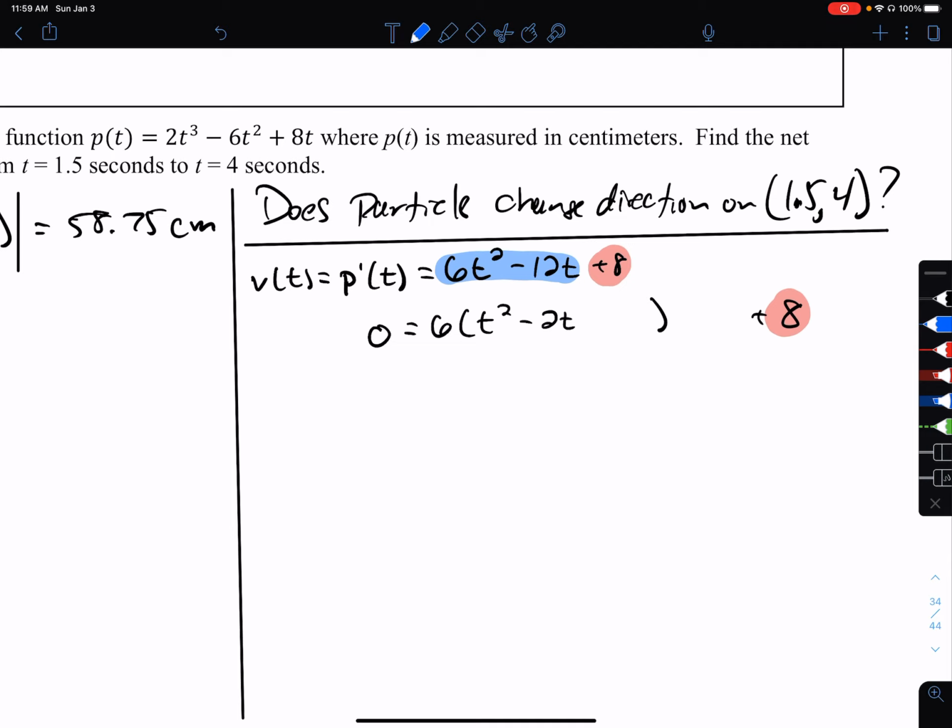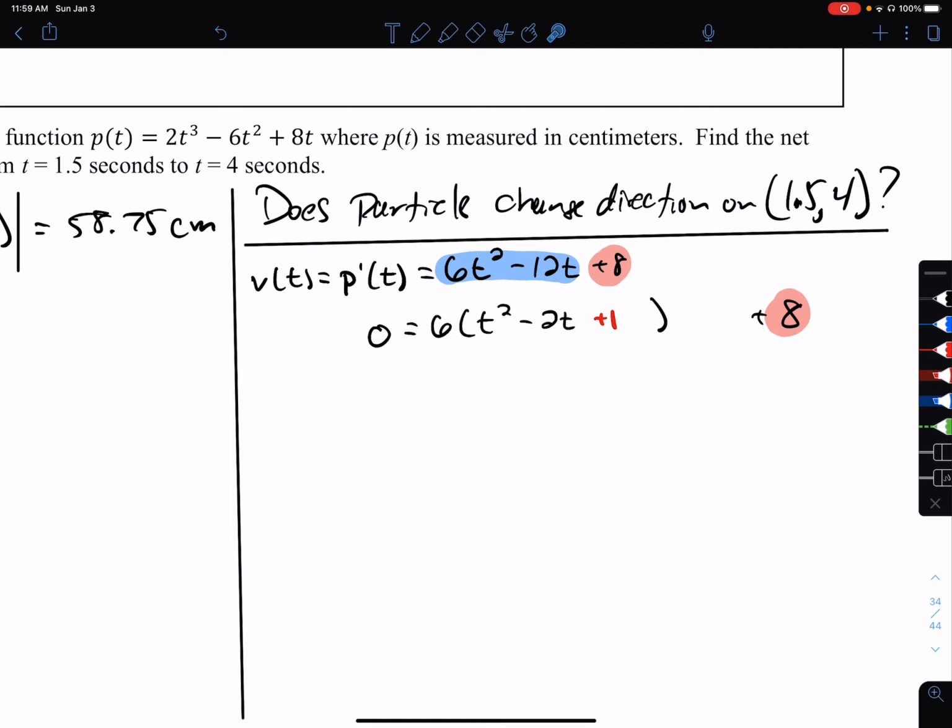To complete the square, I'm going to take half of the coefficient of t, so half of that's -1. Then I'm going to take half of -2, which is -1, and square it, which is +1. I can't just add 1 to the equation. If I add 1, I have to also subtract 1 to counteract it.